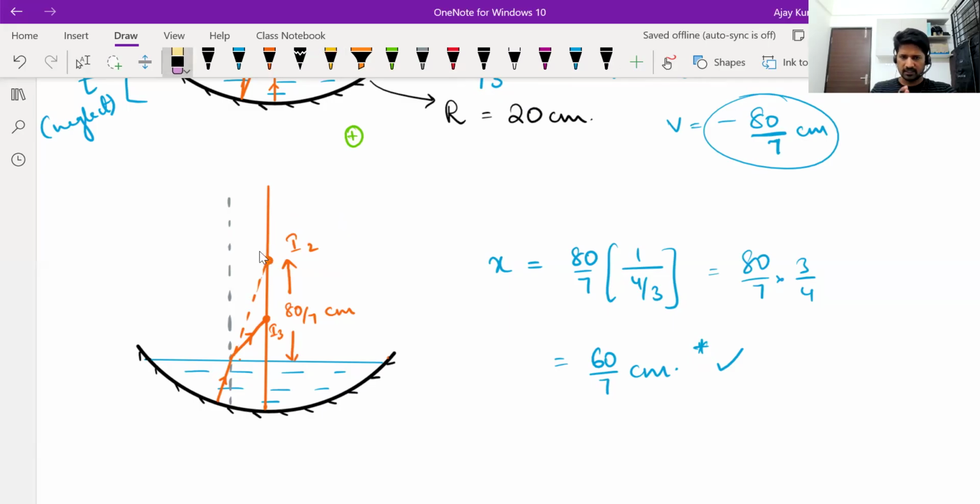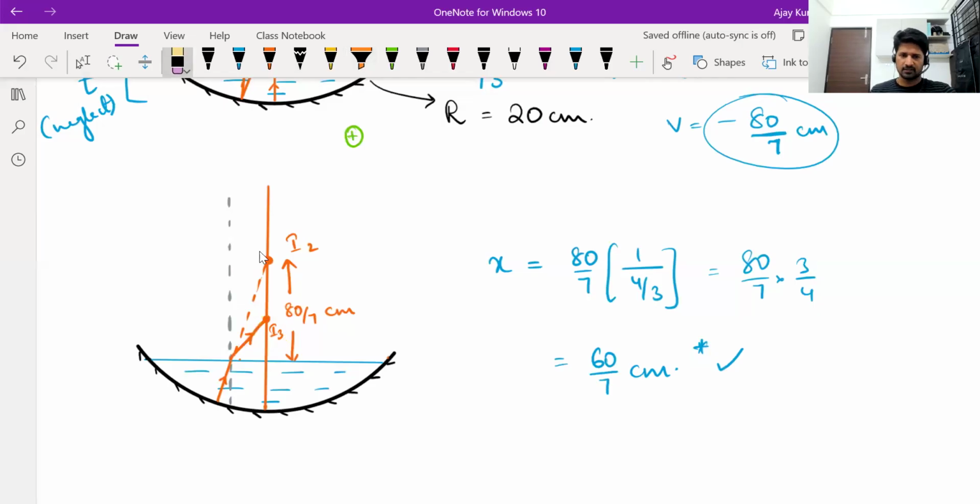But when it is traveling that way, it undergoes another refraction at the water surface. And there it is going from water into air, denser to rarer, it bends away from the normal. Final image forms here. And for that final image, I again use the apparent height formula.